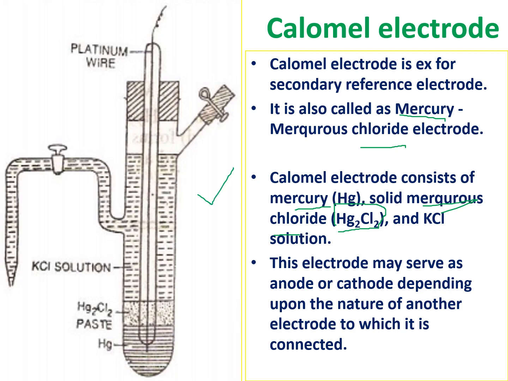It also serves as anode or cathode depending on the nature of the other electrode. Just like SHE, it can act as an anode when connected with a cathode, and it acts as a cathode when connected with an anode.